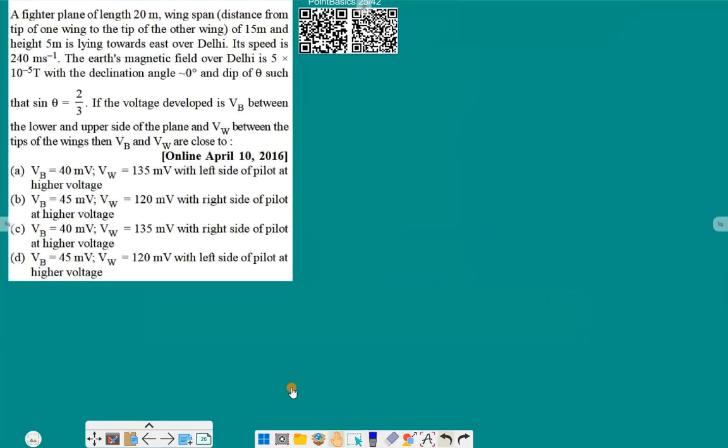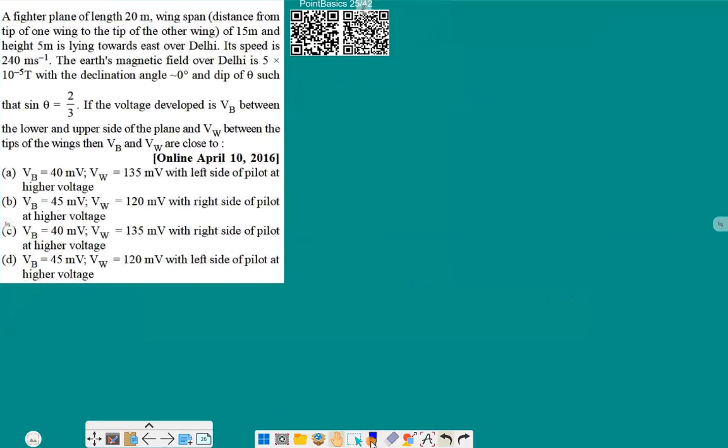Okay, so we have a question here. A fighter plane of length 20 meter, and wingspan, the distance from the tip of one wing to the other tip, is 15 meter, and the height is 5 meter, flying towards the west over Delhi. Its speed is 240 meter per second.